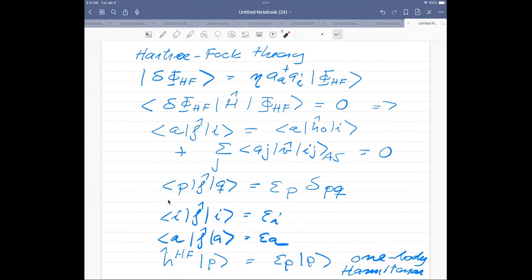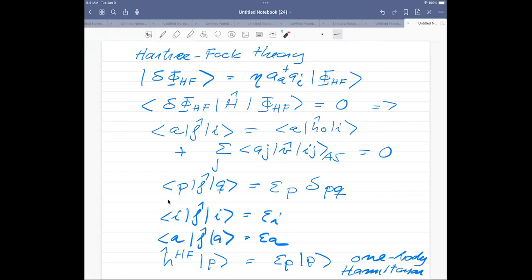The way we are going to solve them is to use the connection between the old basis and the new basis, I and A here. We are going to look at the matrix elements of a unitary transformation, and use the Hartree-Fock method to find those matrix elements. This is essentially what the Hartree-Fock recipe gives us.